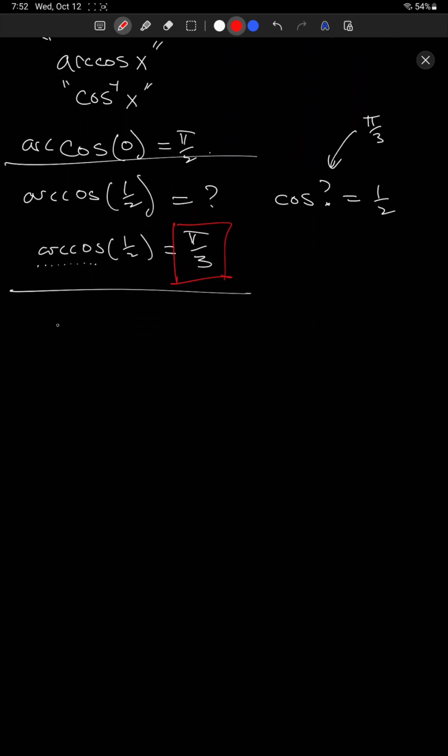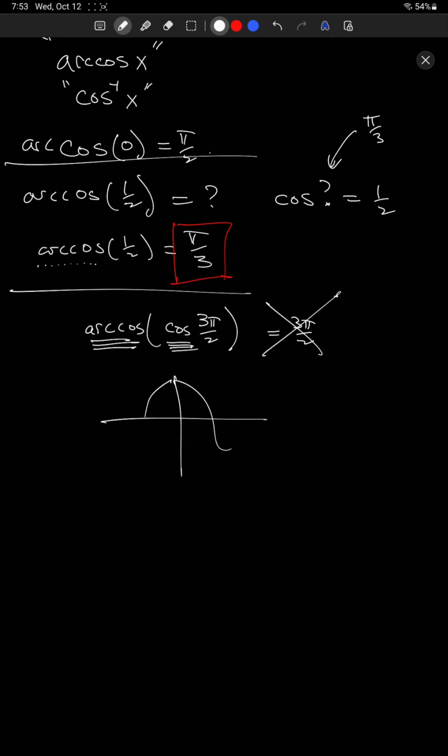So, for example, arc cosine of cosine of 3 pi over 2, right? We have a function followed by an inverse function. Normally, that should be 3 pi over 2, but it's not, because we had to throw away parts of cosine. So what is it actually? Well, we can look at the picture of cosine again. 3 pi over 2 is right there.